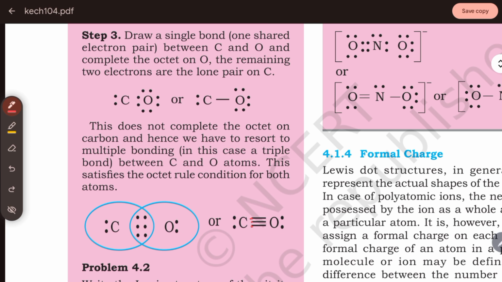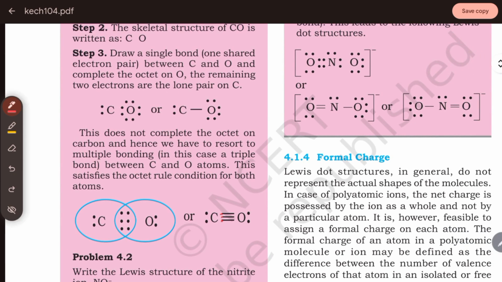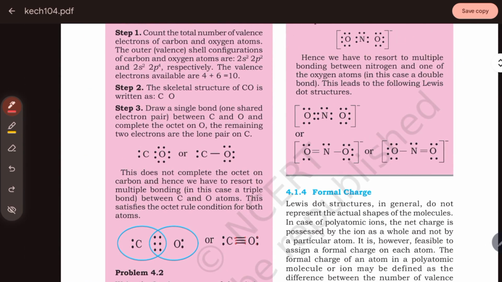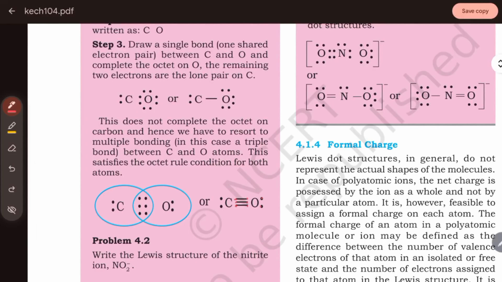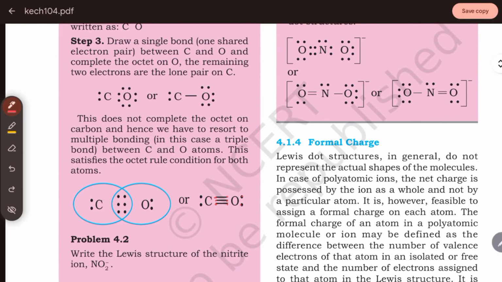You are getting here a triple bond and you say that carbon over here has 4 electrons. Okay, it has 4 electrons. So here again 1, 2, 3, 4, 5. How are you getting this carbon monoxide again? So how are you getting the octet configuration? So how can you say the Lewis dot structure is this?